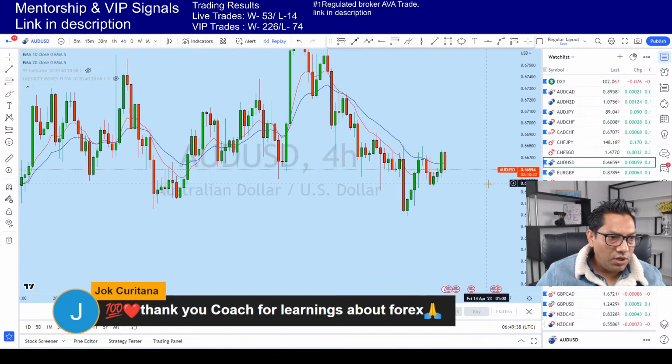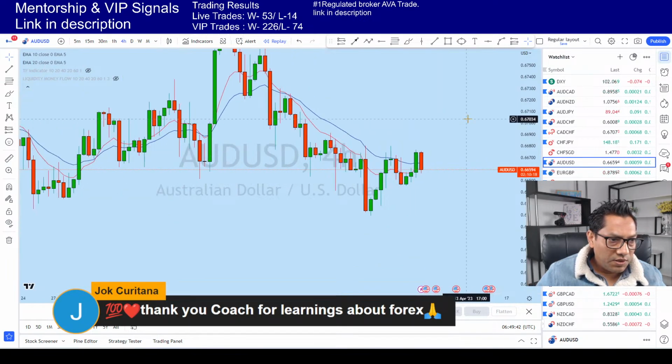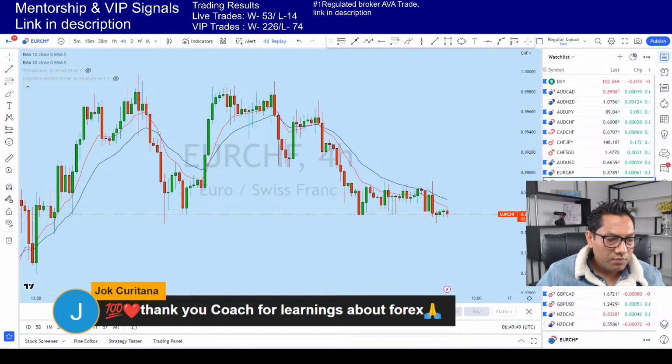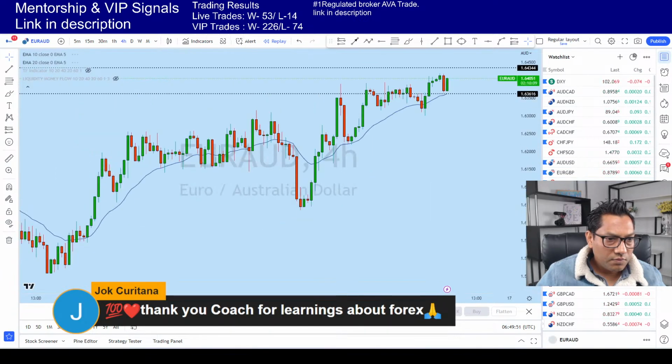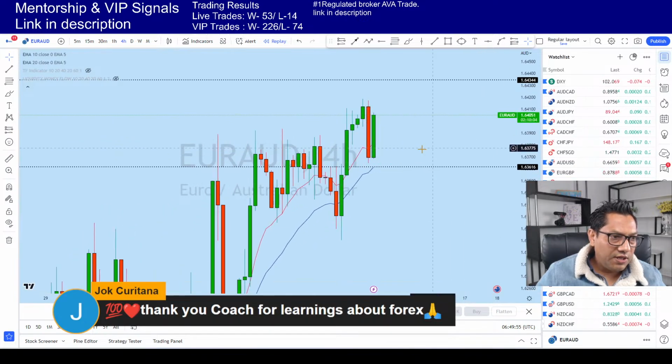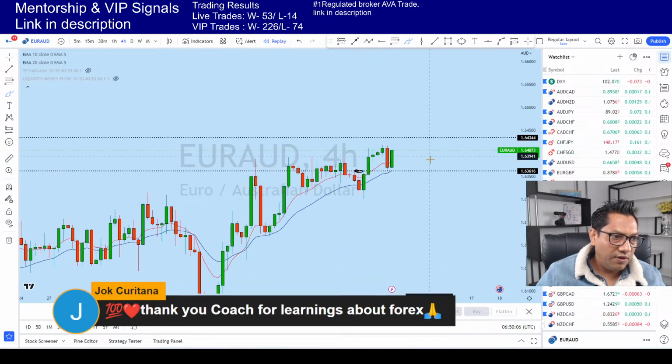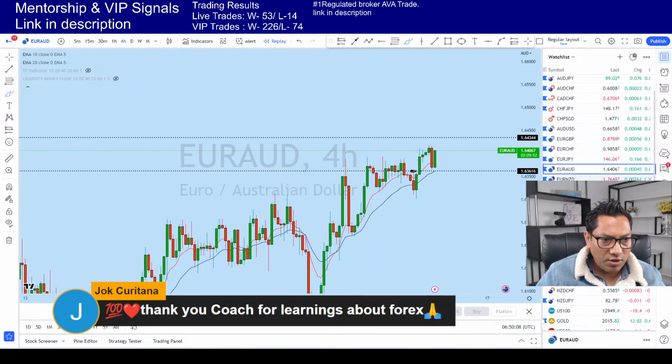So you see AUD USD, it's also coming down for a deeper pullback. So Euro AUD, guys, you can see it has come down to this previous resistance turned support, exactly to a very important level, and we see that again the price is booming to the upside, which is a very long-term bull market. Euro AUD.